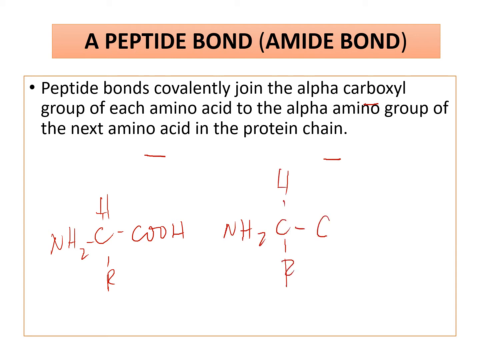And the way that they are reacted to each other involves the removal of OH from the carboxyl group of the first amino acid and the removal of one H from the amino group of the second amino acid, forming now water.